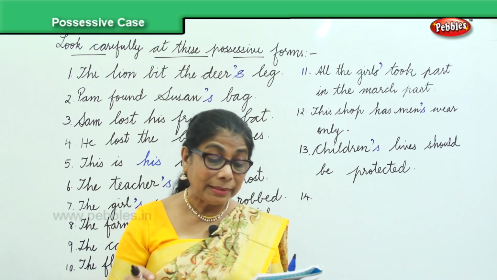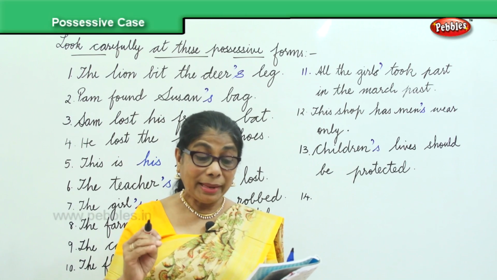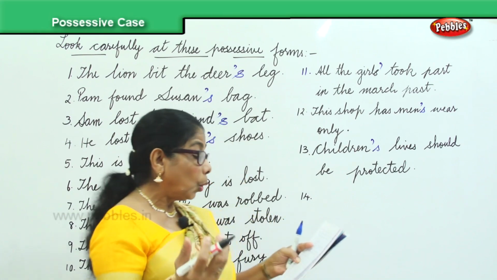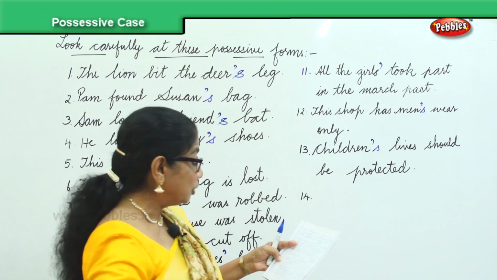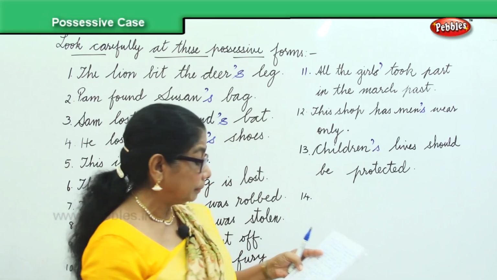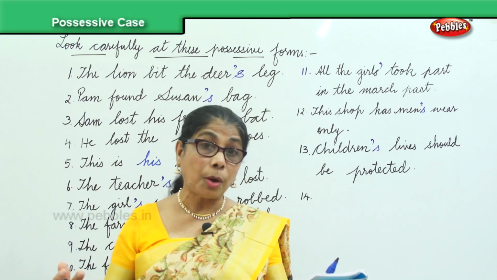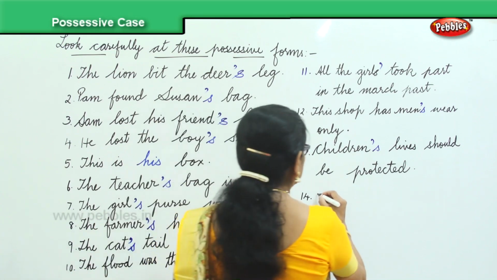All the women in the village took part in the march. Then the farmers' crop failed. Whose crop failed? The farmers.